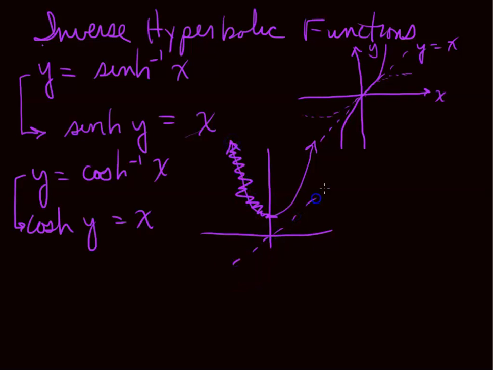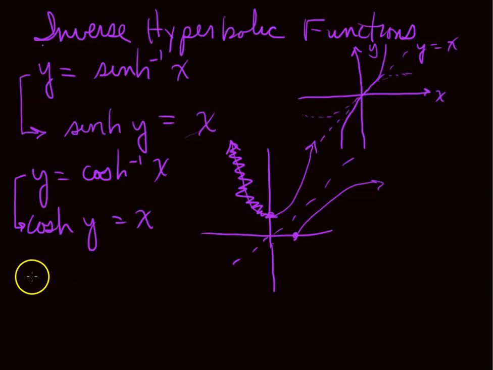So when we want the inverse, instead of it being at 0, 1, it'll be 1, 0, and it'll do something like this, sort of like x squared and the square root of x. So a lot of these you can think of similarly. The inverse tanh is going to look sort of like the cube root rather.